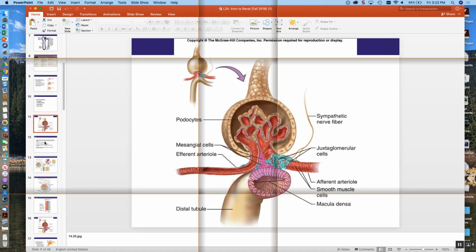So, if you remember from last exam, these capillaries are called fenestrated capillaries. They actually have these filtration slits called podocytes. And these podocytes can actually be controlled by the intraglomerular mesangial cells.